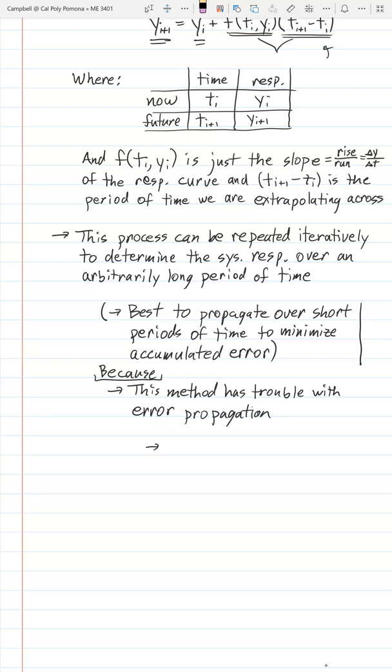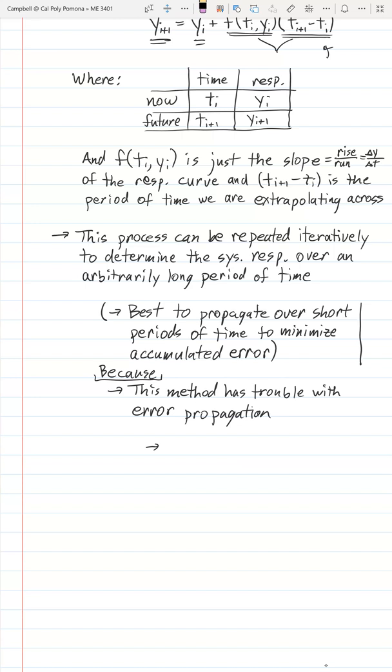Now that, of course, is computationally intensive, but if all you have at your disposal is Euler's method, or whatever other method you're dealing with, of course, the smaller time step you work with, the better off you're going to be. You can take that approach to minimizing the error.